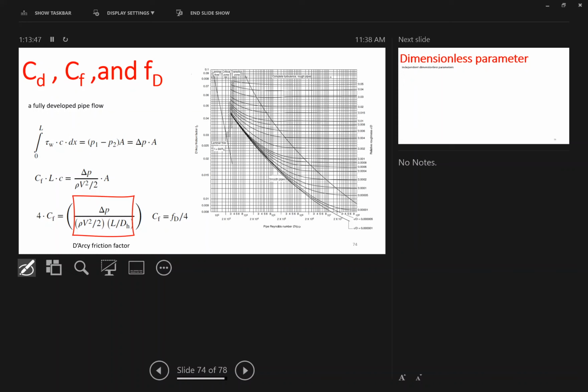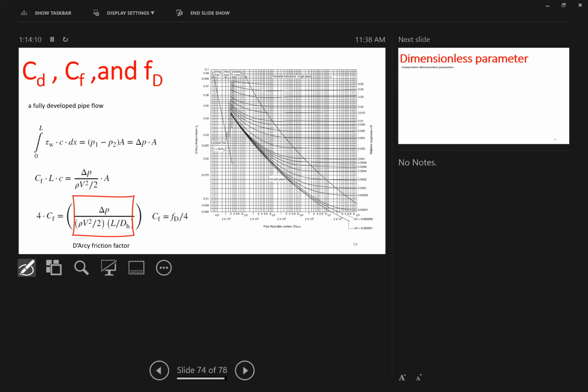If you plot that for the laminar flow, you will get this part of the Moody diagram. Essentially, you have the Reynolds number on one side and the friction factor on the other side. Let's say your Reynolds number is this, you find the friction factor on this line.